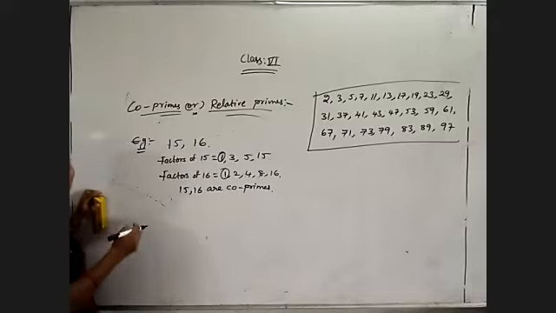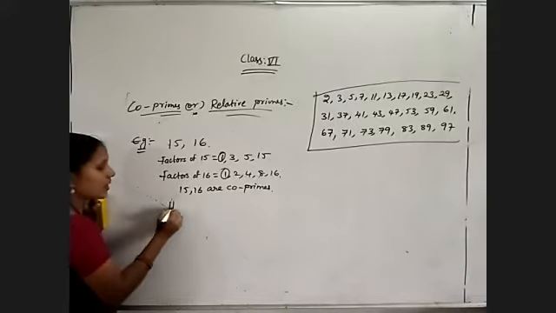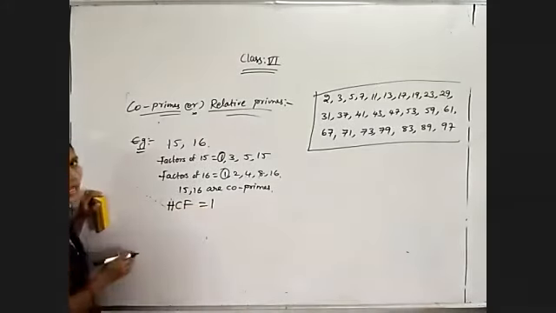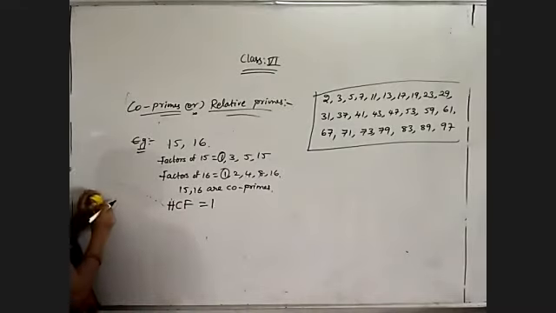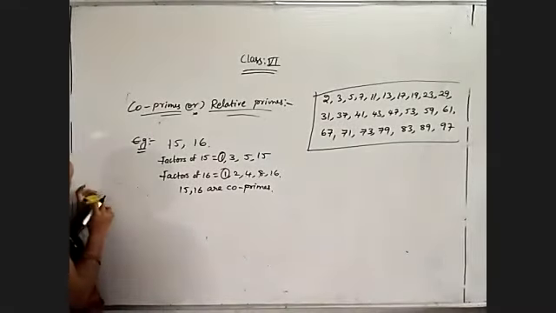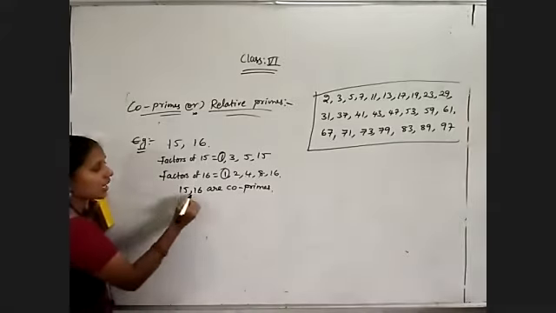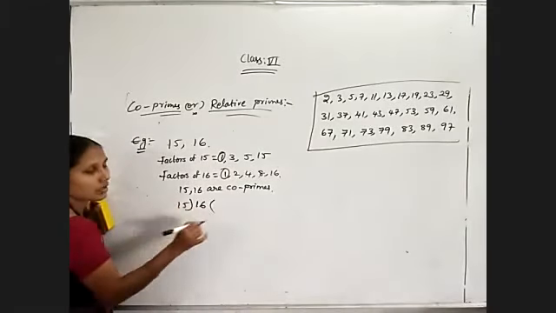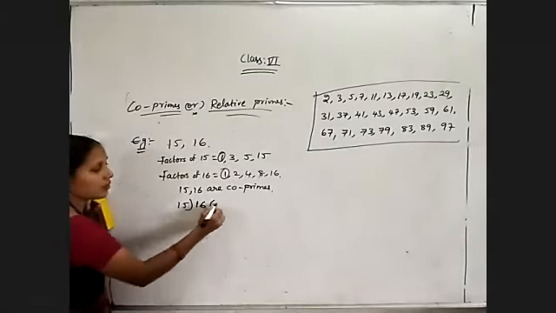But if they are given larger numbers, in that case, how can we decide? For that sake, we have another formula. If the HCF of the numbers is equal to 1, then they are said to be co-primes or relative primes. So how do we find that HCF? Take the greater number, divide with the smaller number. Do the division. 15 ones are 15.